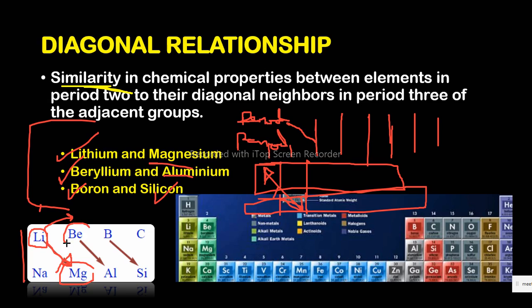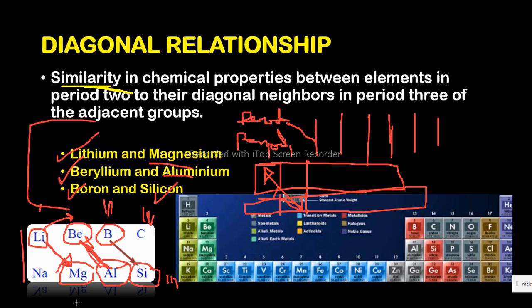You see beryllium, it is in group 2, but it has reactions that are similar to aluminium, which is in period 3. Boron is in period 2 and in group 3, but it has reactions that are similar to silicon, which is in period 3 and group 4.